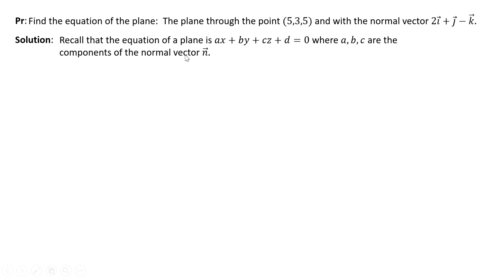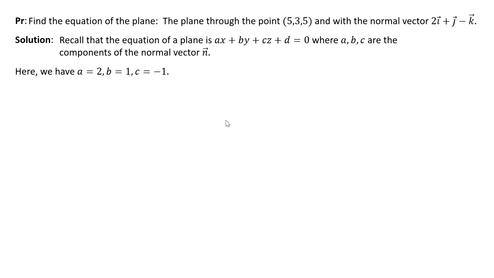So at least that part, the ax plus by plus cz part, seems to be obvious based on a, b, c being the components of the normal vector. You tell me, what are they in this case? Well, the x component of the normal vector is 2, y component is 1, and z component is negative 1. So 2, 1, negative 1 are a, b, c. Would you agree? So here we have a equals 2, b equals 1, c equals negative 1.